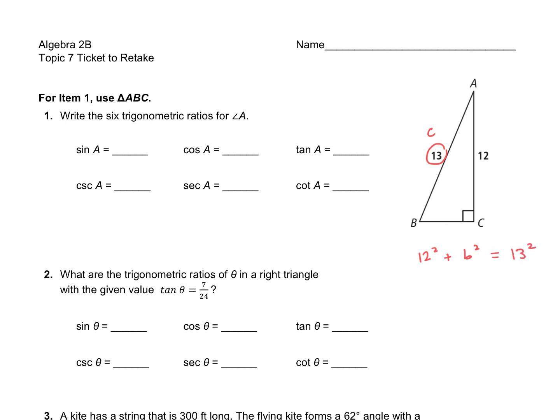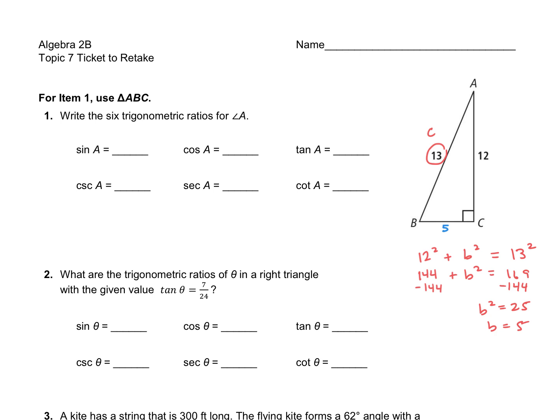We have 144 plus b squared equals 169. And then we subtract 144 from both sides. So b squared is equal to 25, and then we square root both sides and we get the 5. So just a quick reminder on how Pythagorean theorem works. So this is 5.